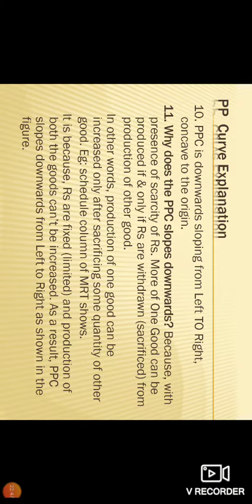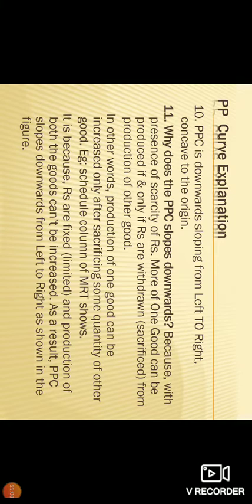In other words, the production of one good can be increased only after sacrificing some quantity of other goods. Let me put you with the example.